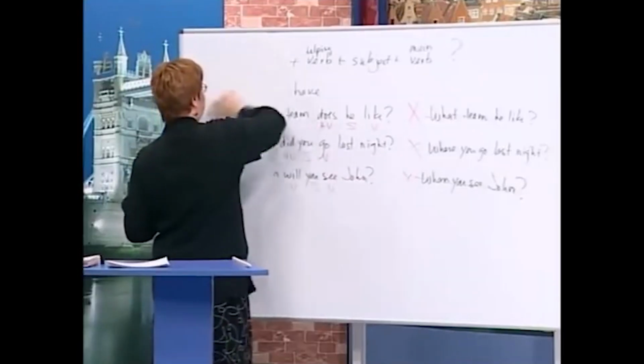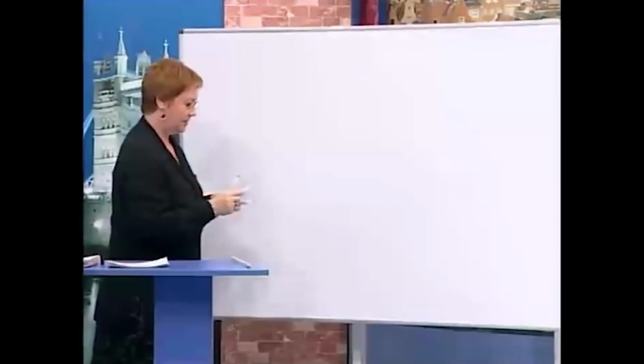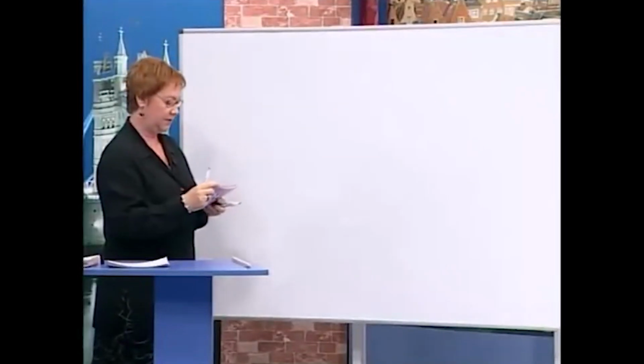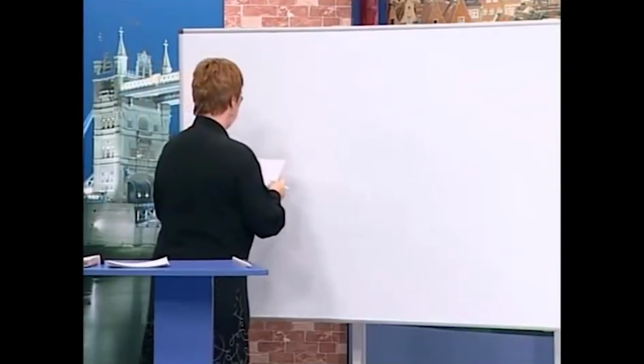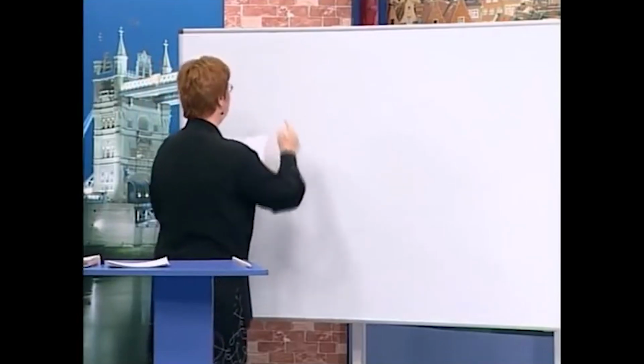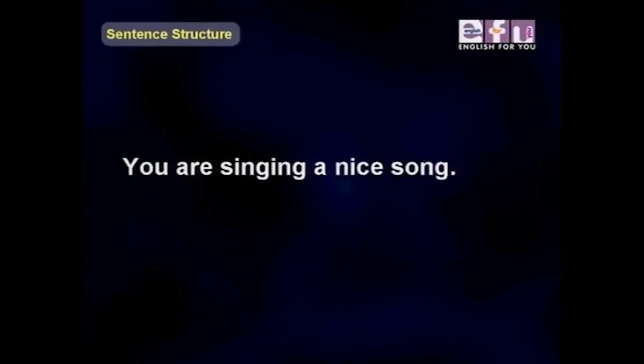Now, let's look at the present continuous. And we'll make some space here. Okay. Now, with the present continuous, the subject usually comes first, and then the helping verb. So, now, here is, we can say the subject plus the helping verb plus the verb-ing. You are singing a nice song.